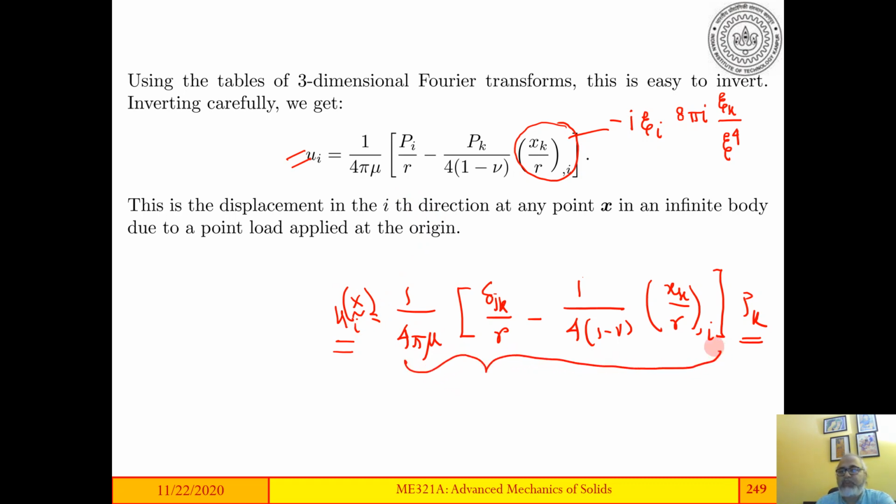So this is an example of what is known as a Green's function. We will have a lot more to say about this in the coming slides, but right now take this as a solution to the problem that we have at hand.